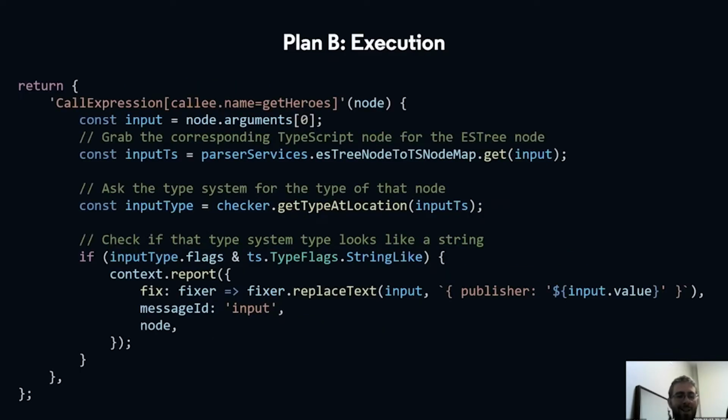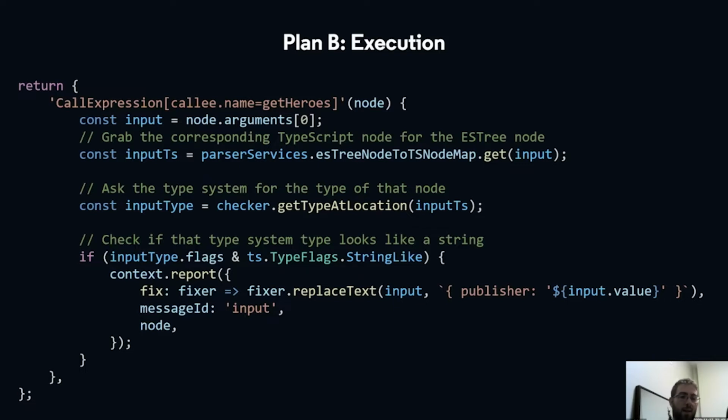All right, the worst slide in the presentation, but also the coolest. This does three things. First, we grab the corresponding TypeScript node for the ESTree node. TypeScript does have its own internal representation of this stuff. There's a map that you can .get. We then ask the type system, what is the type at that node?